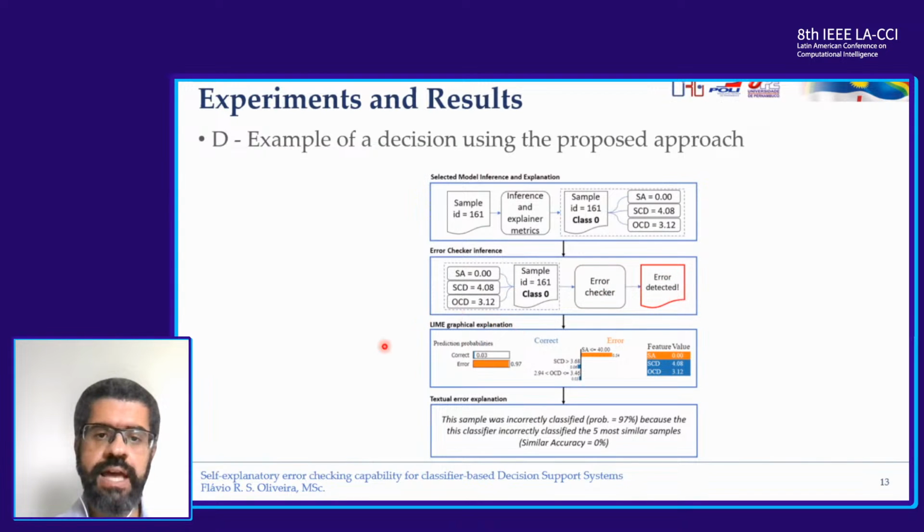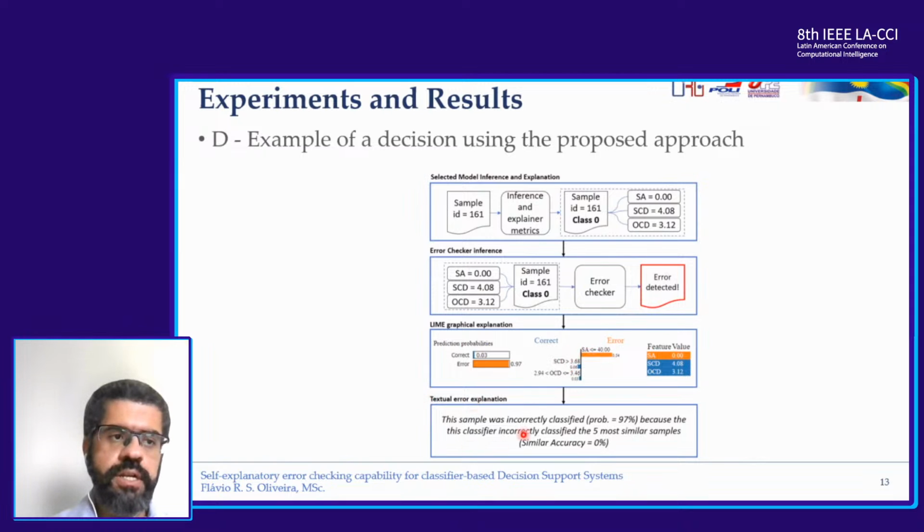After that, I used LIME, a common, at this moment, technique for post hoc explanation extraction, and we got this graph here showing that with 97% of probability, this was really an error, and the most important characteristic for that was the similar accuracy.